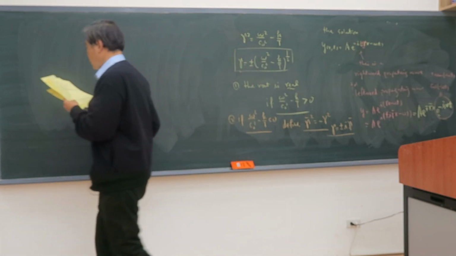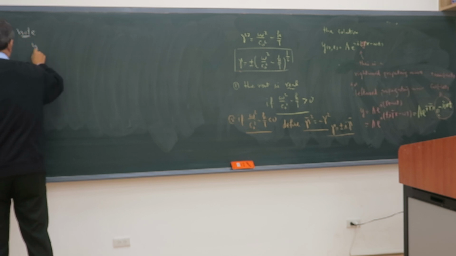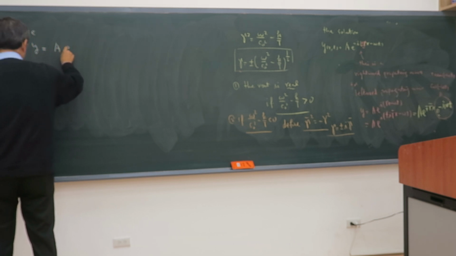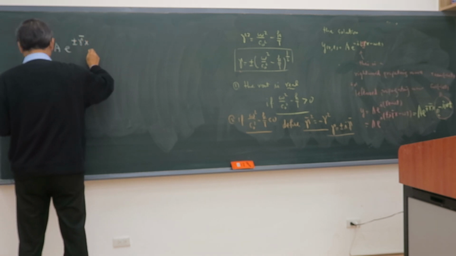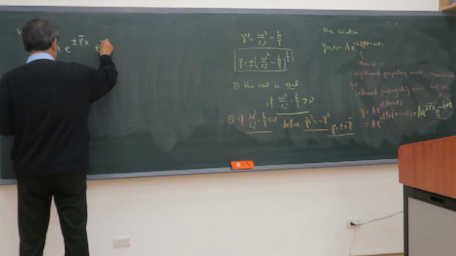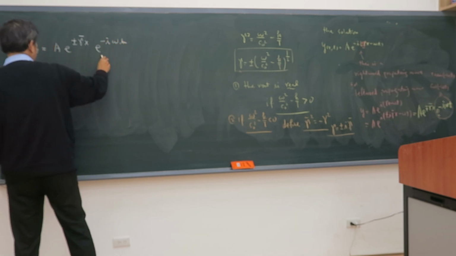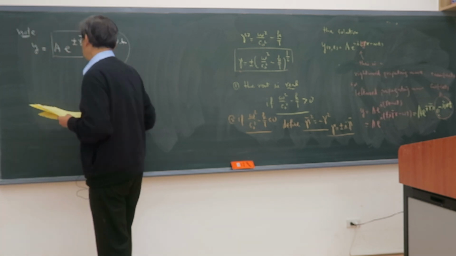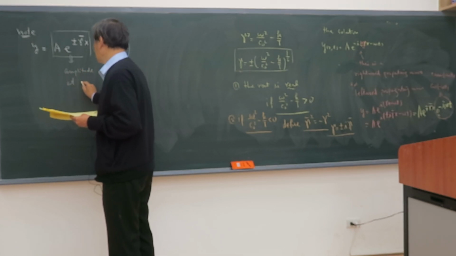So for this one, note y equal to A e^{±γ-bar x} e^{−iωt}. You can see this kind of amplitude at different x.